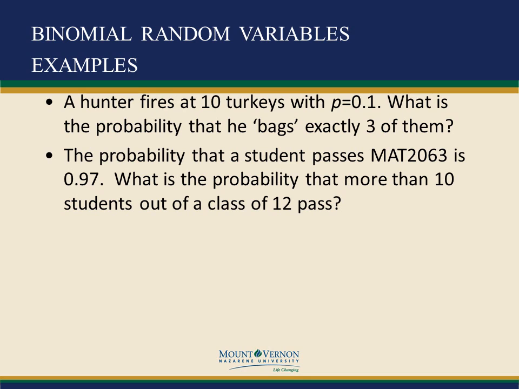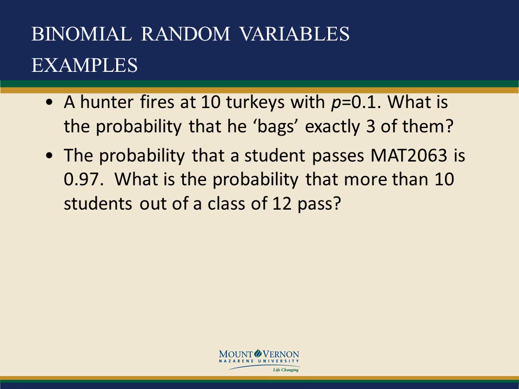The probability that a student passes this course is 0.97. What is the probability that more than 10 students out of a class of 12 pass? In this case, this is a binomial random variable in which we are interested in 12 students, and so n is 12. p is 0.97, and I'm interested in more than 10 students passing, and so unlike the turkey example, in this case I'm going to use the binomCDF function.